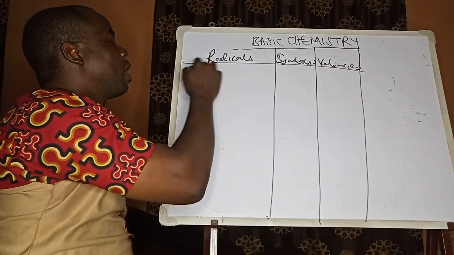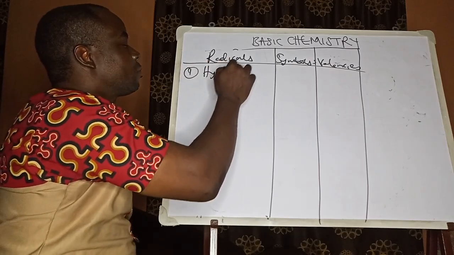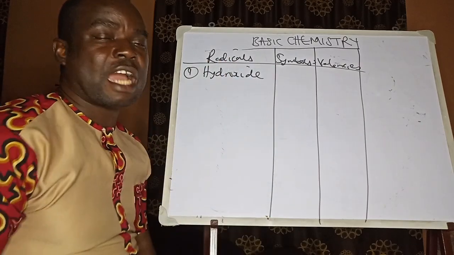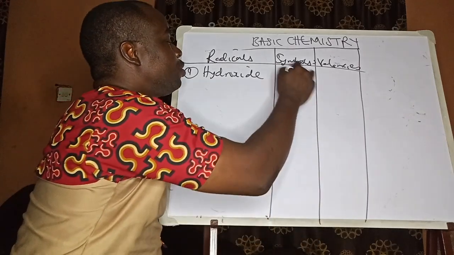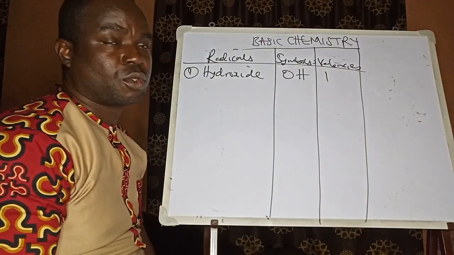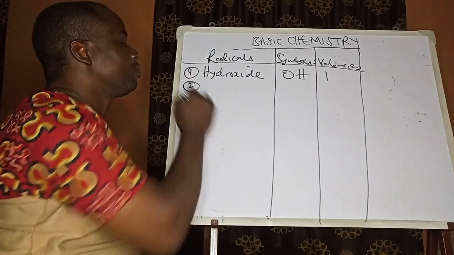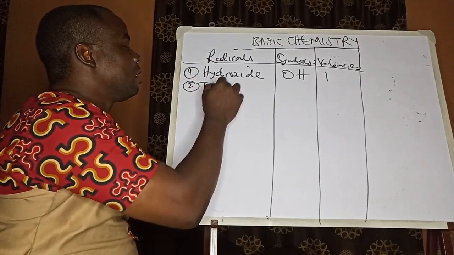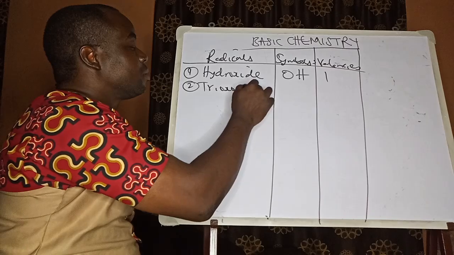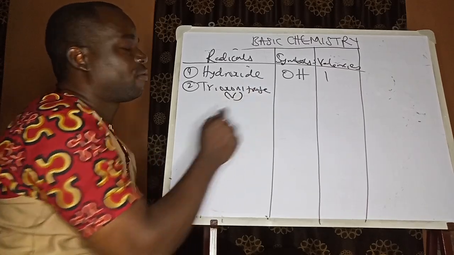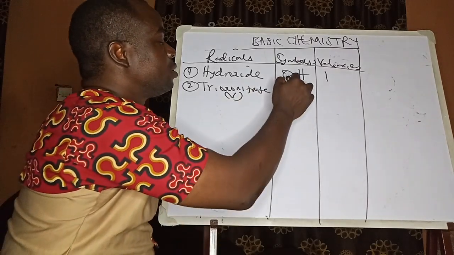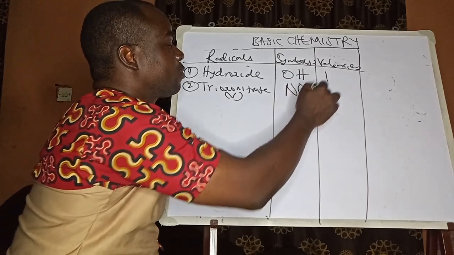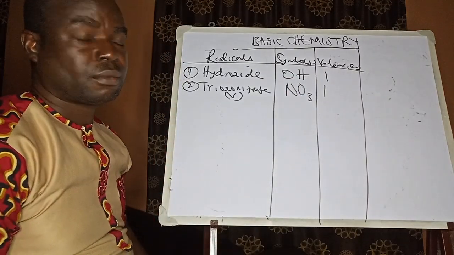Number 1 is what we call hydroxide. Hydroxide is OH. The valence is 1. So copy it down. Number 2, trioxonitrate(V). Copy out this. The symbol is NO3. The valence is 1.